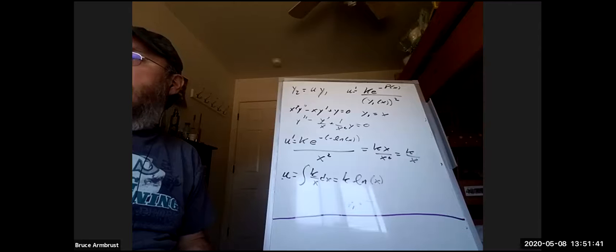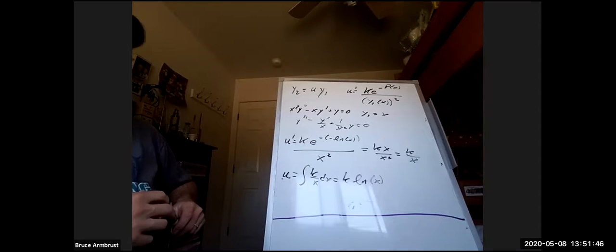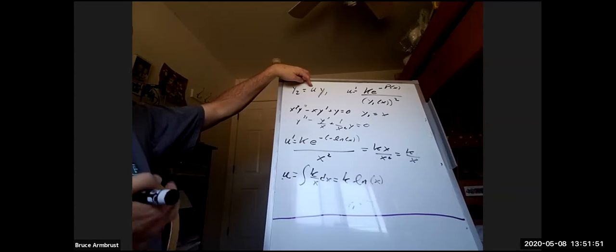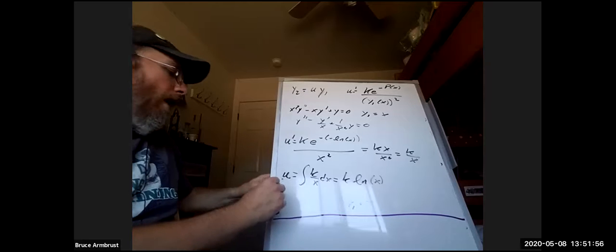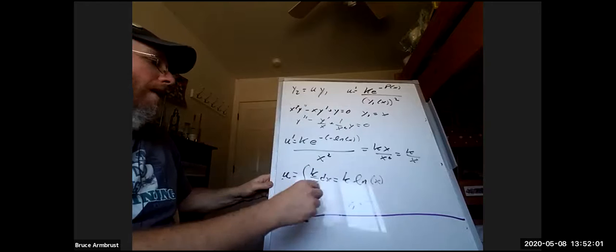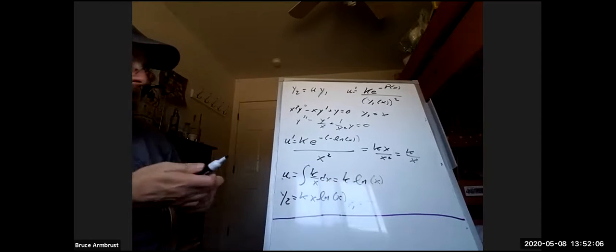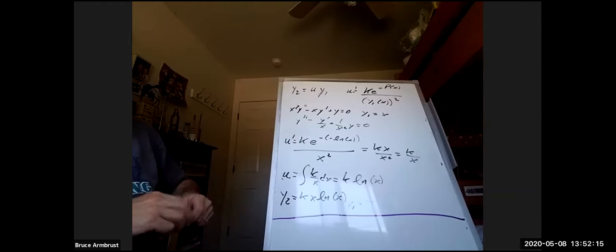Technically it deserves a plus c, but we don't need to worry about that plus c, because with integrating factors, in this case, we're just trying to find a representative. So then y2, we take this and multiply by the original y1, which was just x. So we find that y2 is going to equal k times x natural log of x, where k was some arbitrary constant.